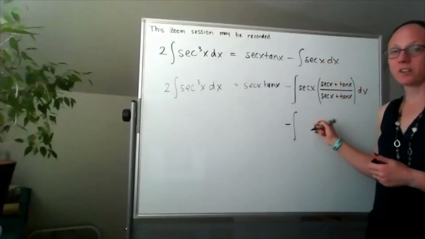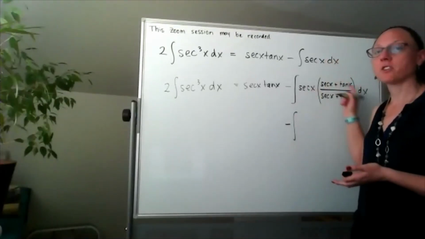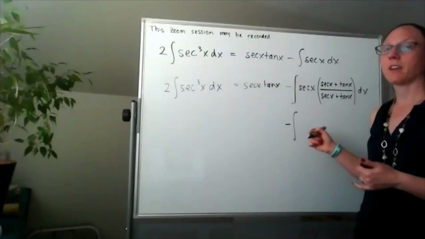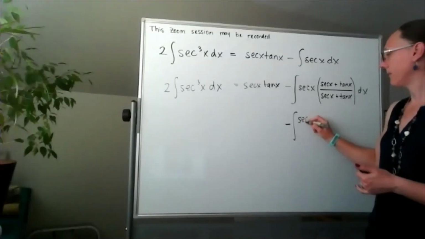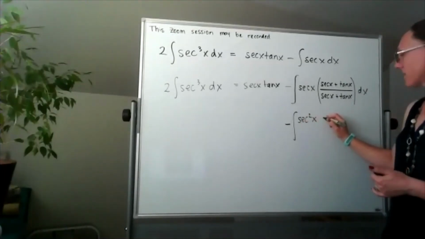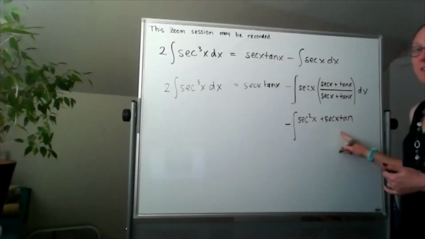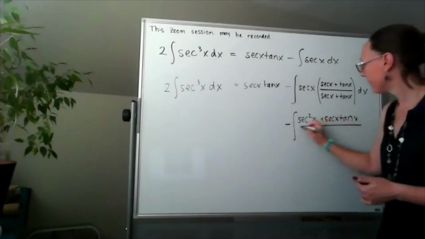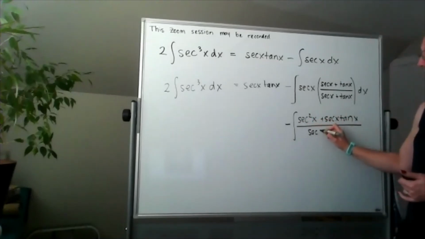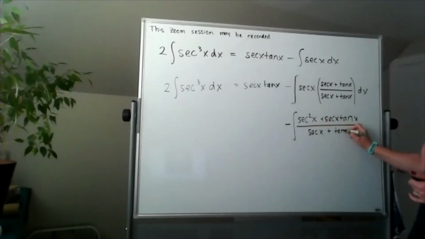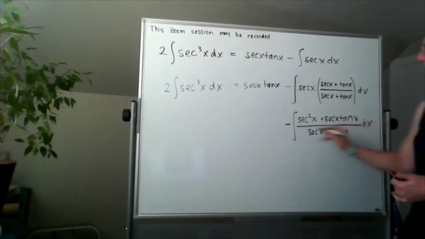The reason this works and is actually helpful: if I distribute the secant of x on top, then I'm going to end up with secant squared x plus secant of x tangent of x, and all of that is still over secant x plus tangent x.